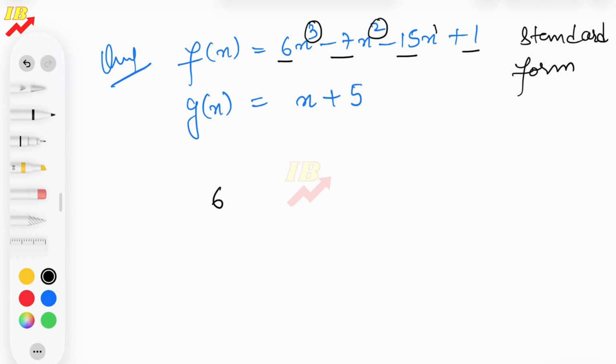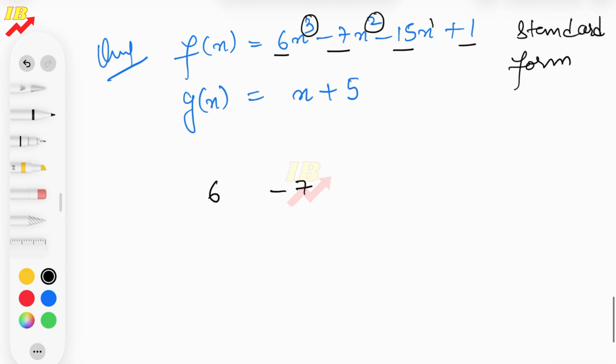When you take the standard form, then take the coefficients of it, okay, along with the sign. So 6 is positive, then we have negative 7, then we have negative 15, and then we have plus 1. So I'm writing all that with a little bit of gap, right? So that we are not merging any sign, right?